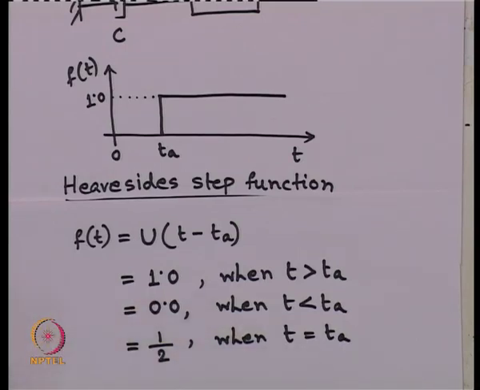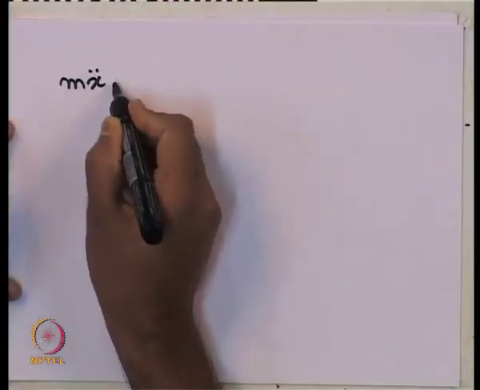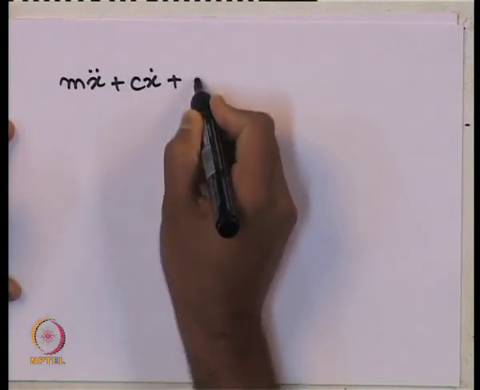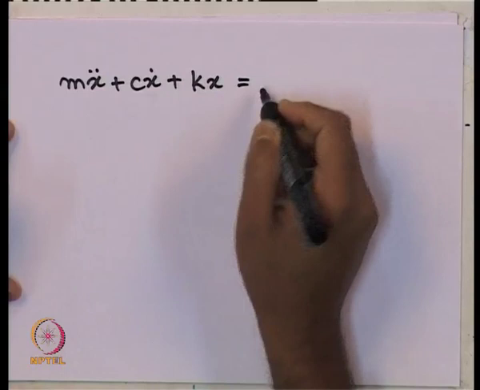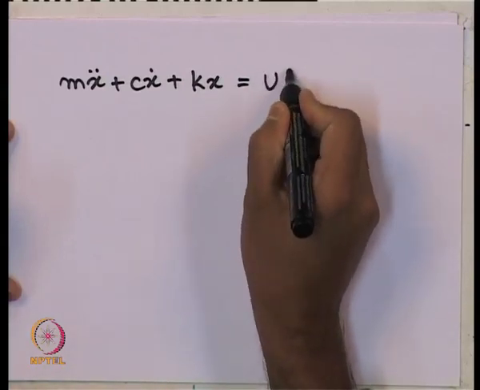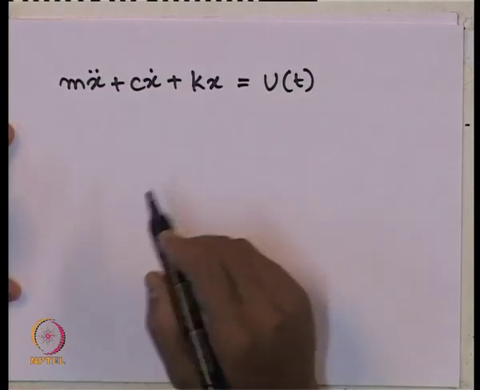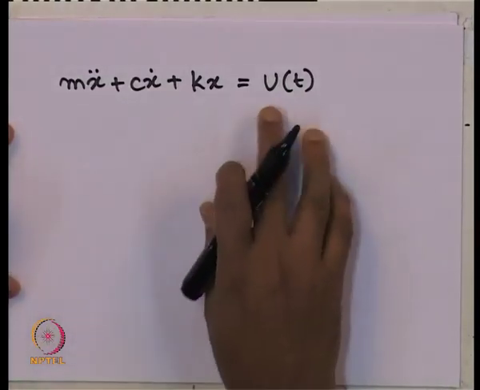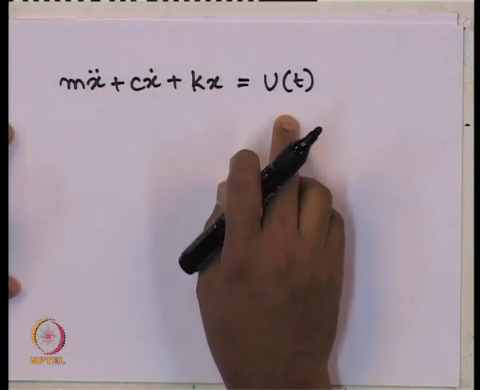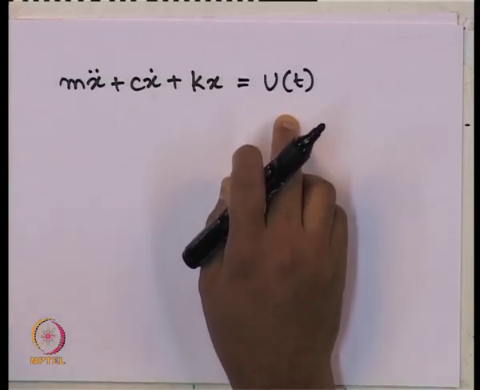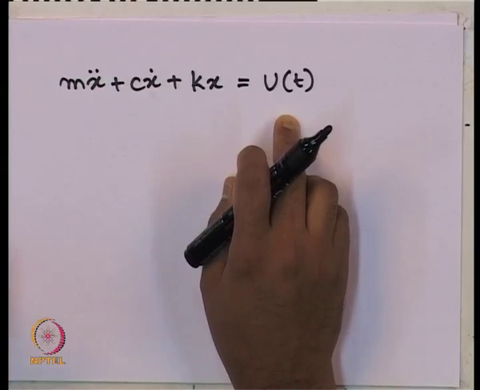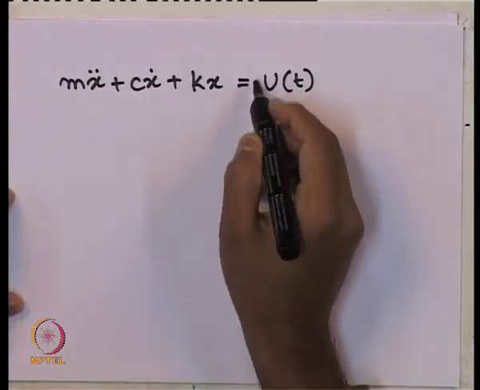So, now how do we write down the equation of motion for this system? The equation of motion is m x double dot plus c x dot plus k x equals u(t), considering this Heaviside step function. Now, u(t) represents a unit load. Instead of unit load, if a load F is applied, what should we write?